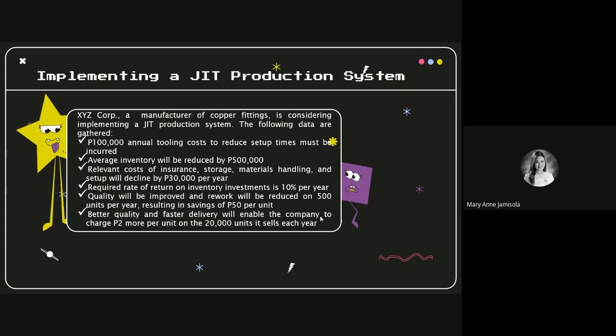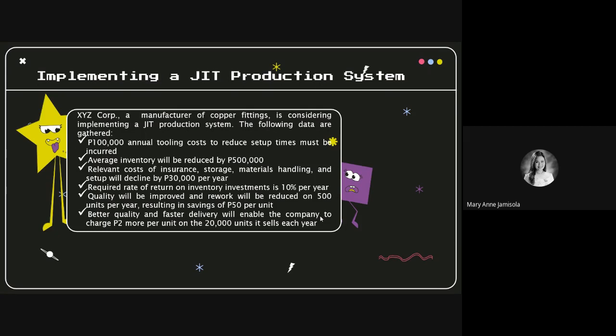Okay, so first, savings or benefit is the reduction on the carrying costs. Carrying costs, third one, relevant costs of insurance, storage, materials handling, and setup will decline by 30,000 per year.